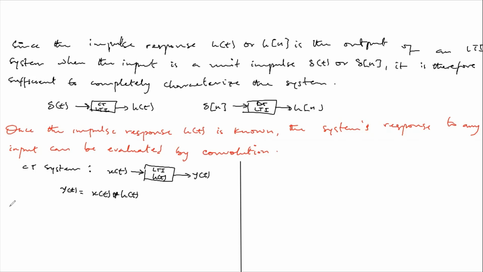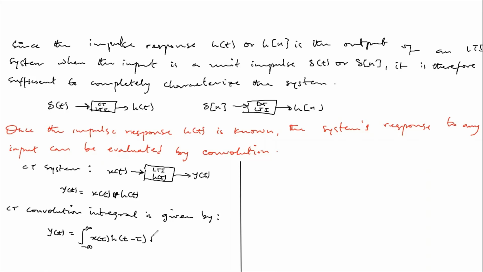Then the continuous time convolution integral is given as y of t the same as the integral of s of tau h of t minus tau d tau.